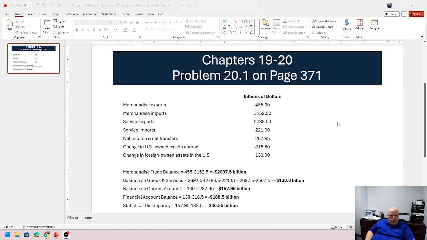So that would be $157.95 billion, which was the balance on current account that we calculated previously, minus $188.5 billion, which was the calculation that I just showed you. And so you end up with a value of negative $30.55 billion.